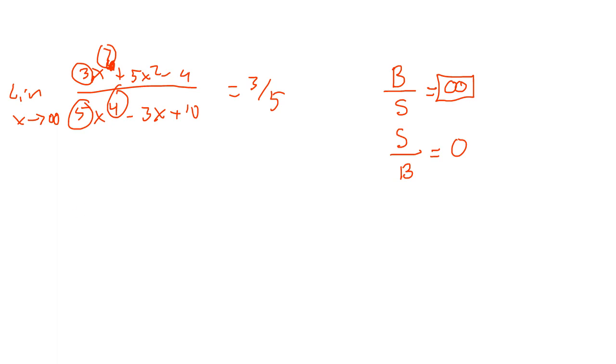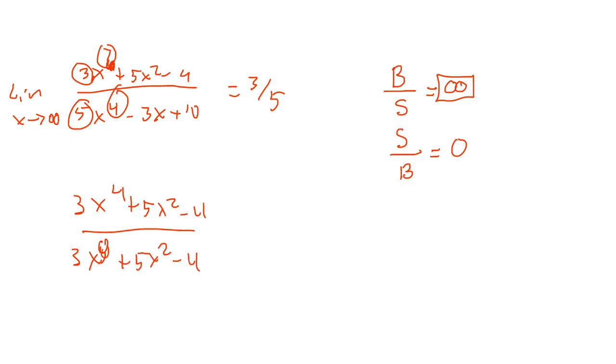Now, if I gave you 3x to the 4th plus 5x squared minus 4 over, let's say, 3x to the 8th plus 5x squared minus 4. Now, I have a small over a big. Guess what? That's 0. Why? Think about it. If you had 1 over a very, very big number, what does that equal?